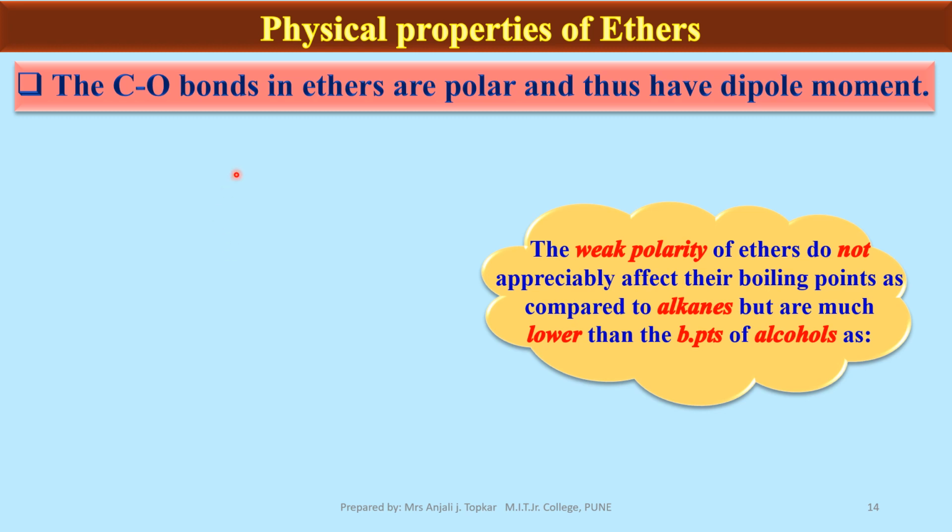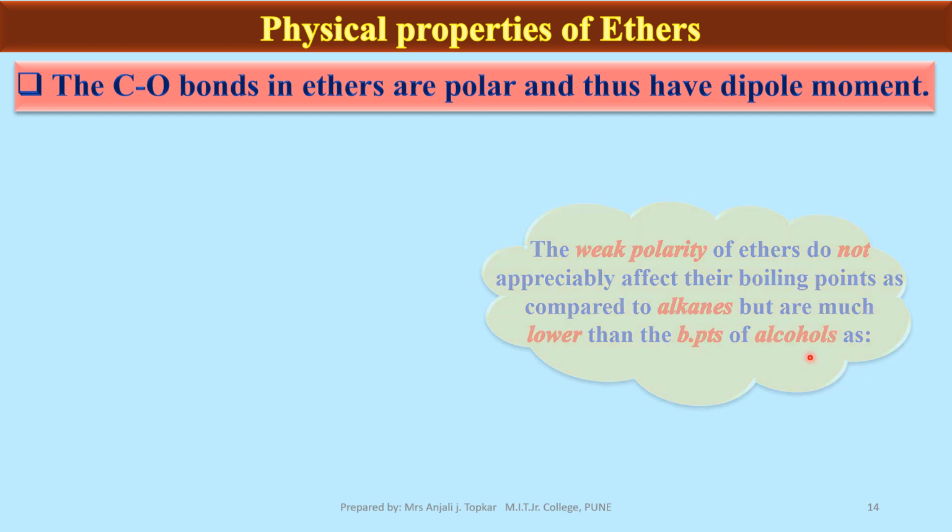The C-O bonds in ethers are polar and thus have a dipole moment. The weak polarity of ethers does not appreciably affect their boiling point as compared to alkanes, but it is much lower than the boiling point of alcohols, as can be seen here.